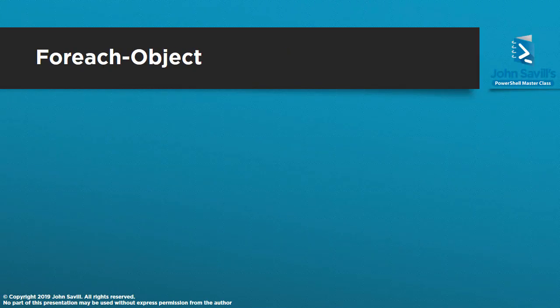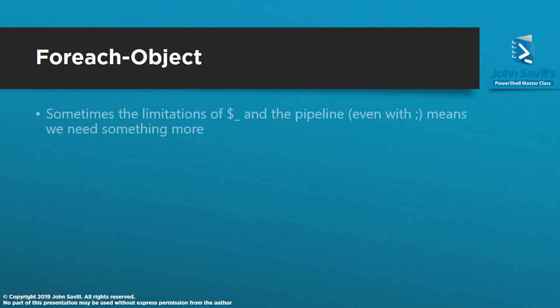You've also seen me use this ForEach-Object. Now, we've already seen the $_. If I send down the pipeline, I can do a $_ and then various properties that send down the pipeline. But it's all within that pipeline.